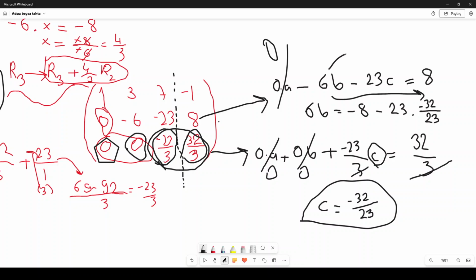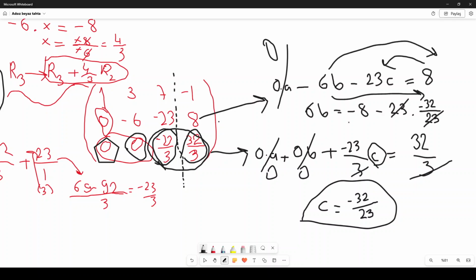I sent the 6b to the other side of the equality, and I moved the 8 to the left hand side of the equality, which becomes minus 8. I keep the minus 23. I put the value of C here. So these 23's are cancelled out. Minus minus is plus.